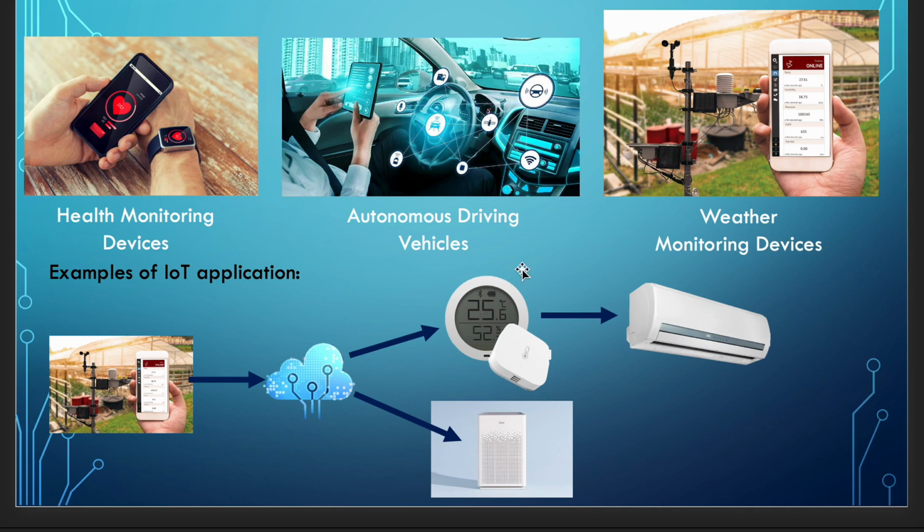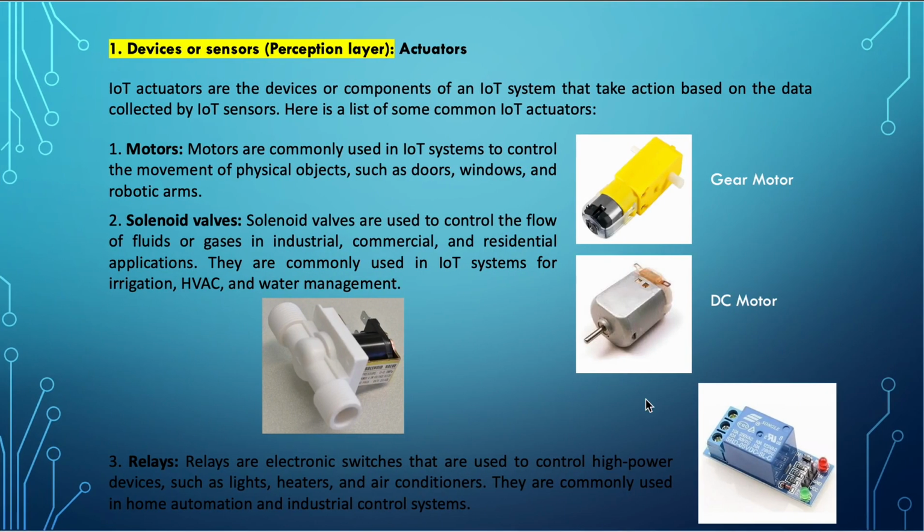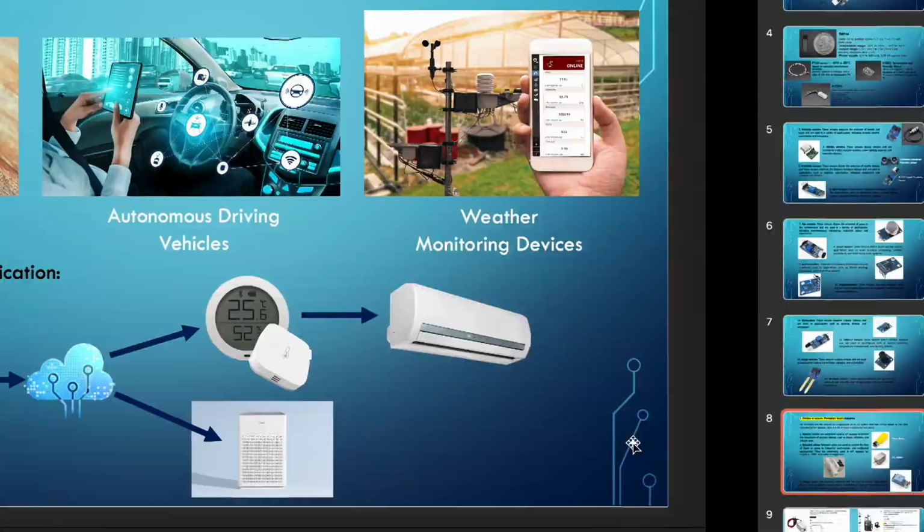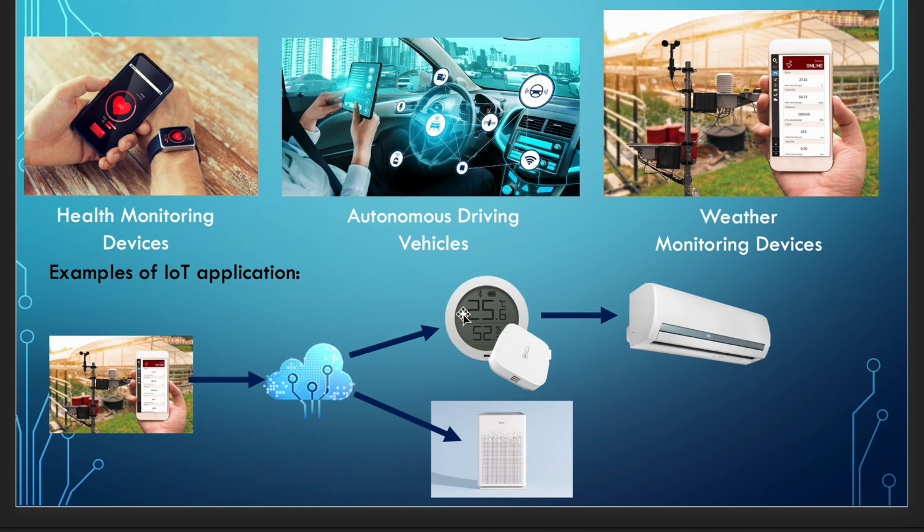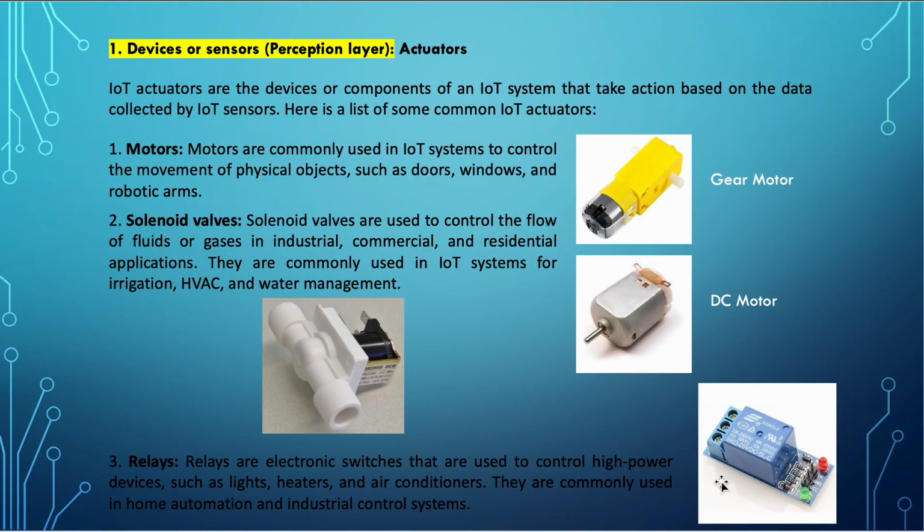And then send the commands to the AC, which go through a relay to switch the AC on or not. That is when a relay comes into play, because the electrical energy transferred through the thermostat will not be enough to control an AC, right? That is when a relay comes into play.